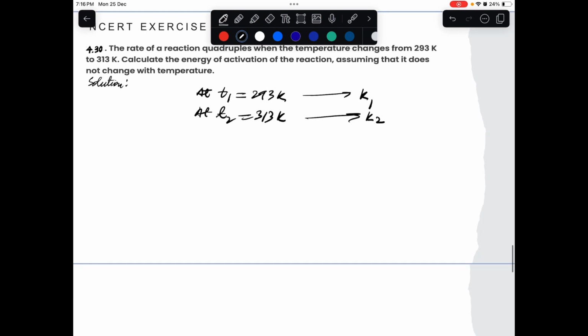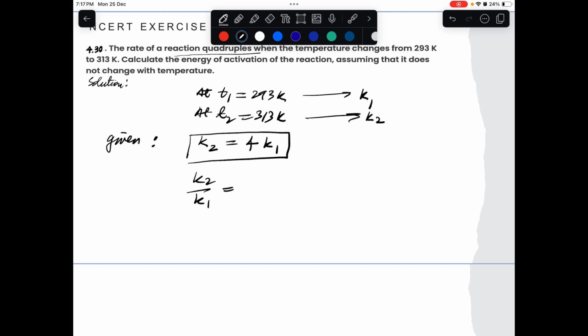It is given that the rate constant at 313 Kelvin will be 4 times the one at 293 Kelvin. So K2 is equal to 4 times K1. They have used the term that the reaction becomes 4 times when there is a change in temperature from T1 to T2. So from here we can write K2 over K1 is equal to 4.